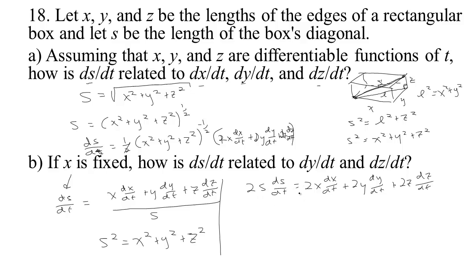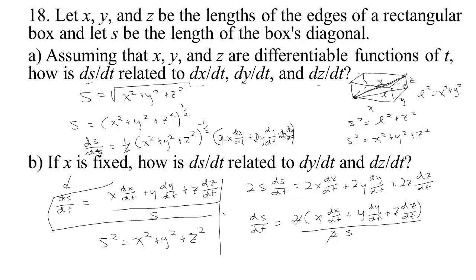Then we could divide both sides by 2s, and we'd get ds/dt alone. If I factor out the 2, we have x dx/dt plus y dy/dt and z dz/dt all over 2s. The 2s cancel. We get the same result that we had before.